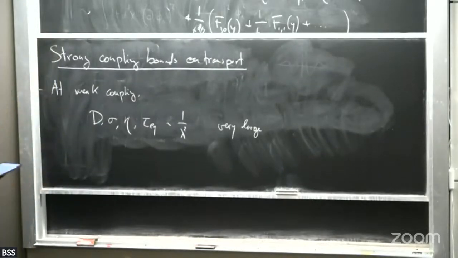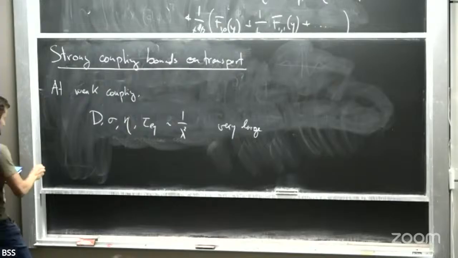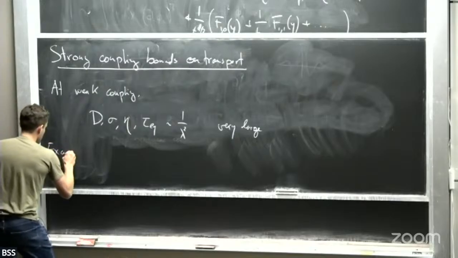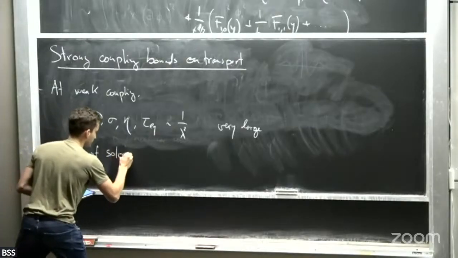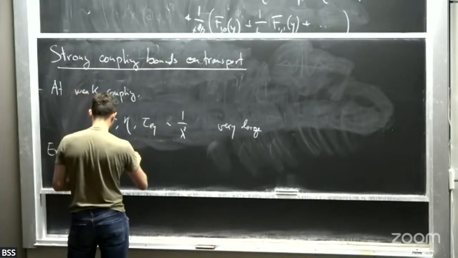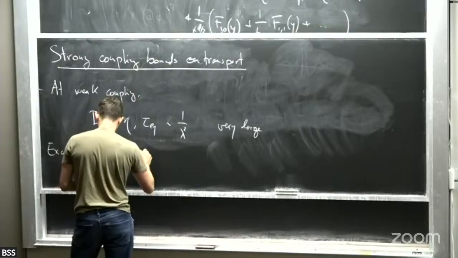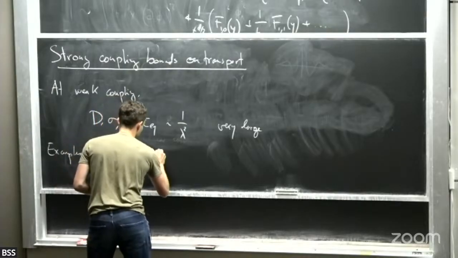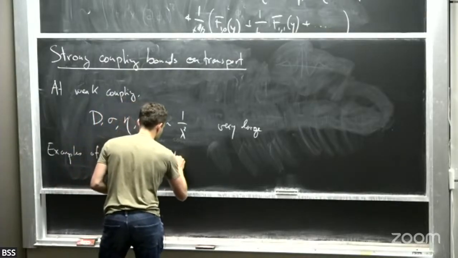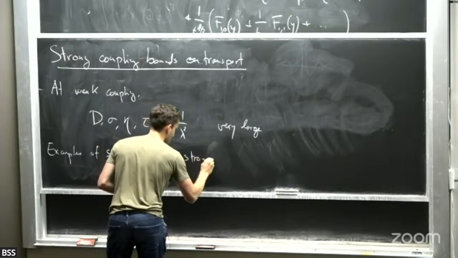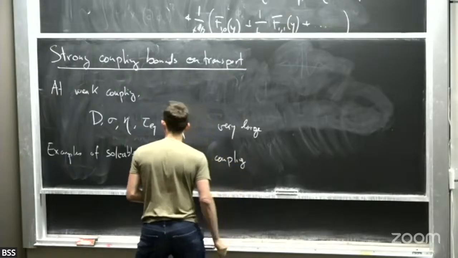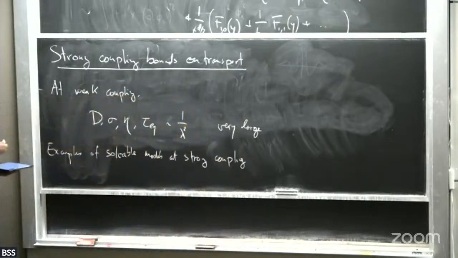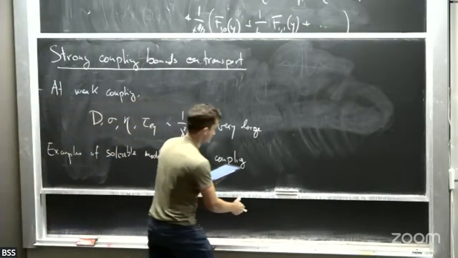What has motivated a lot of the conjectured bounds on transport is many examples of solvable, strongly coupled quantum many-body systems where these transport parameters don't just keep on going down to 0, they have some finite value, some order 1 value.